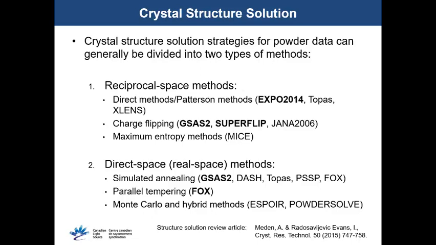Direct space methods require more upfront chemical information. You have to build a fragment or fragments that are plausible for your model. Then the solution method uses global optimization strategies to manipulate those fragments or the model and move them around in the unit cell to best explain the powder pattern.